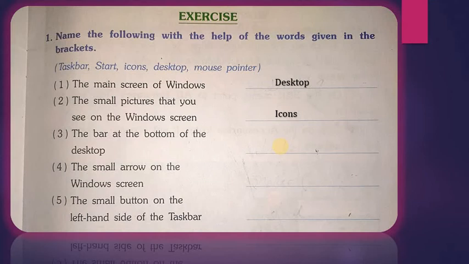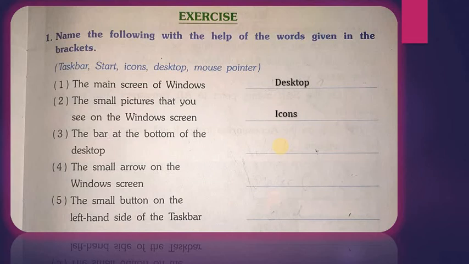And what do the icons indicate? The icons indicate the different programs, correct? For example the Notepad icon, the WordPad icon, the Microsoft Office icon, the printer icon, the paint icon, right?